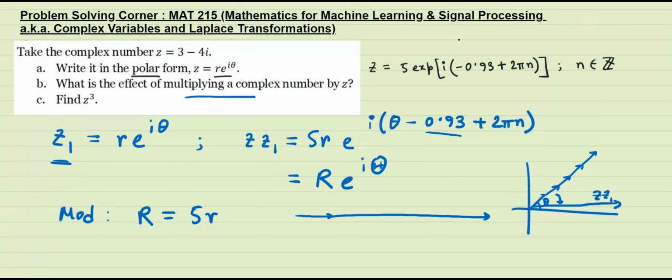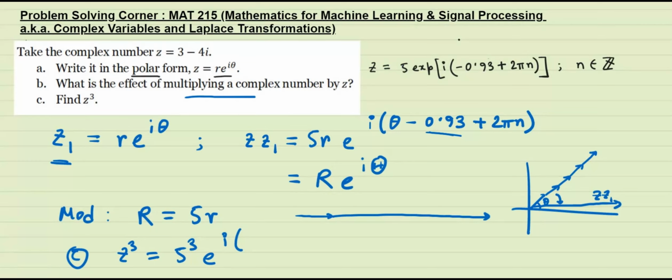And the next one is easier. It says find z cubed. For part C, all you have to do is take z cubed. It will give you 5 cubed, and then e to the power i times 5 times negative 0.93.